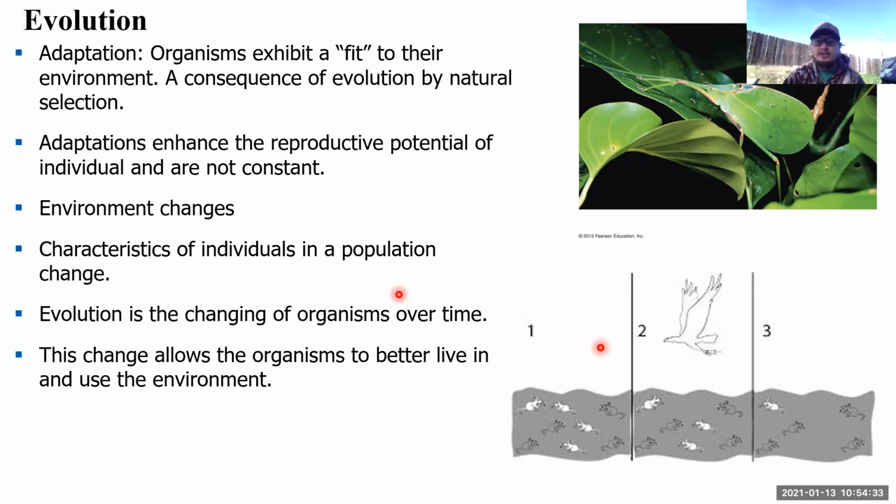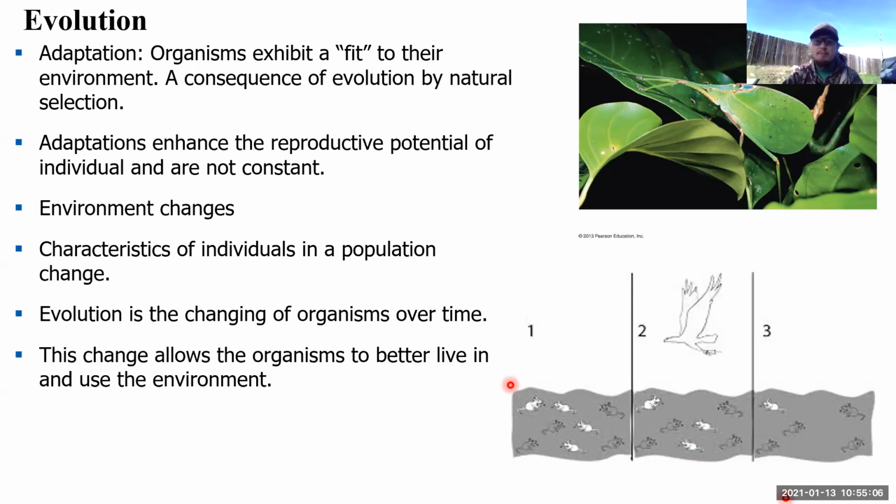We also could use mice coat colors, like in this image down here. Initially you have an even distribution of white mice and gray mice, but as predators are more able to see the individuals that contrast against their environment, these white mice begin to be predated on by those predators. In the final population, you have more gray mice than white mice. So this gray coat color is an adaptation for this population of mice.